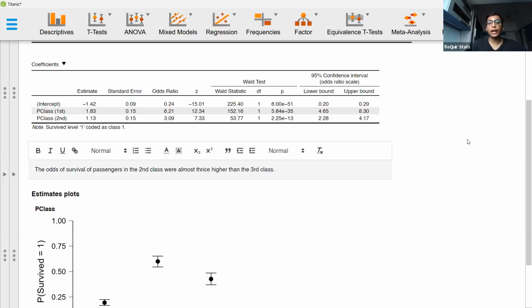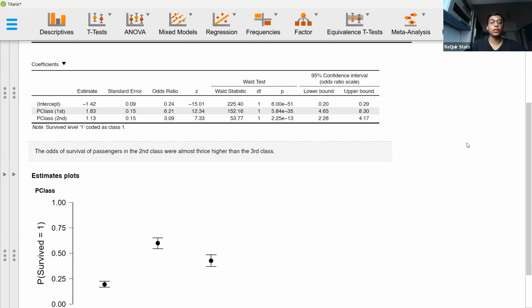So this is very easy and very intuitive, right? Second class passengers were 3 times more likely to survive than those in the third class, and first class passengers were almost 6 times more likely to survive. So this is very intuitive.